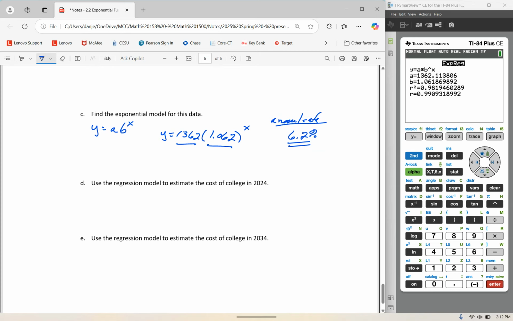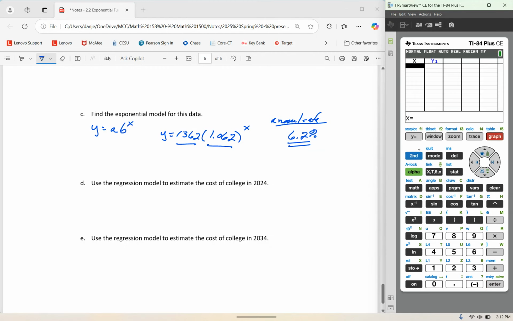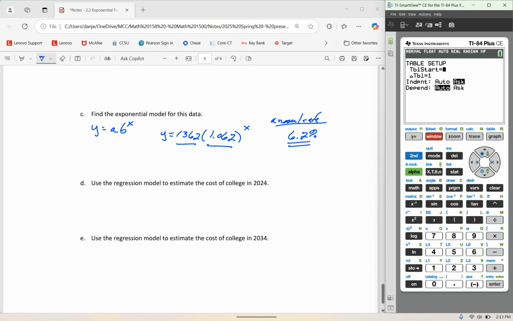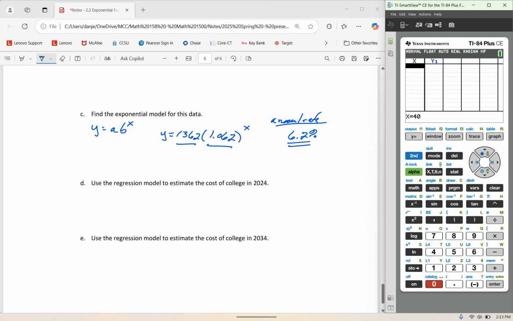Use the regression model to estimate the cost of college in 2024 and again in 2034. I would go back to our table, right? And I've shown you before to go to second table set the independent variable to ask. That way, when I go to my table, it's blank, and I could say, let's use 2024. Of course, 2024 is 40 years after 1984. So we're going to use 40.